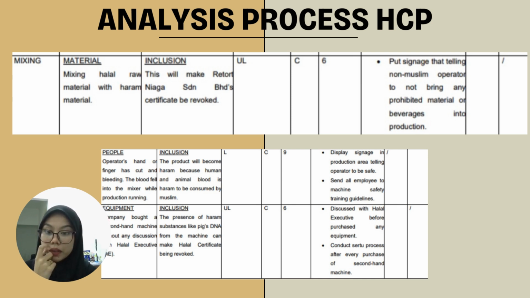The risk ranking is six. The countermeasure to prevent it from happening is that we need to discuss with the halal executive before purchasing any equipment, and we have to conduct a certain process after every purchase of a second-hand machine. So the HCP will be no.